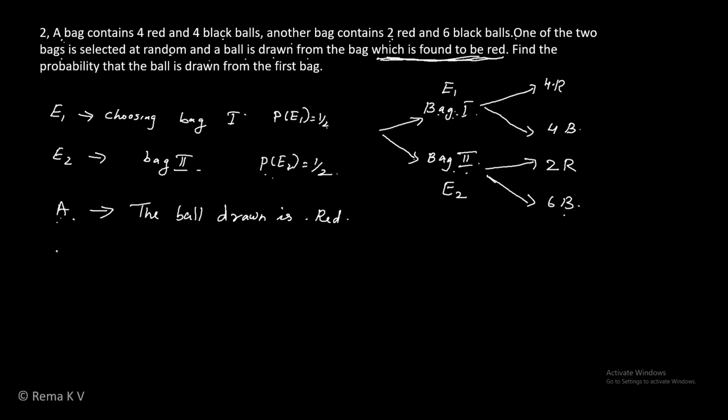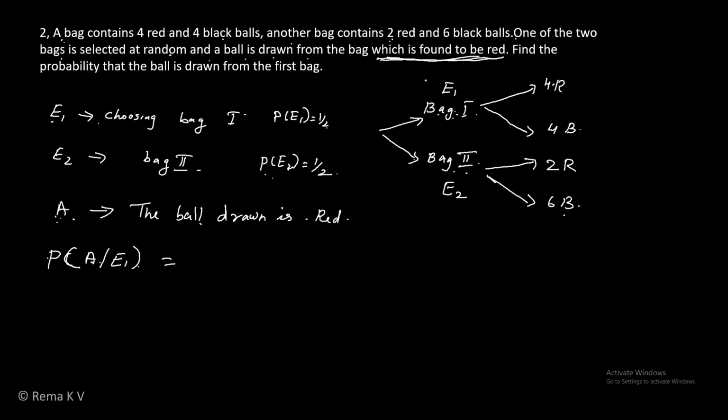Now, if we are choosing the first bag, what is the probability of getting a red ball? A means getting a red ball. So, probability of getting a red ball when the first bag is taken. What will be the probability?